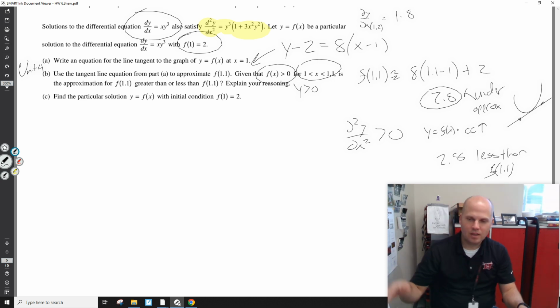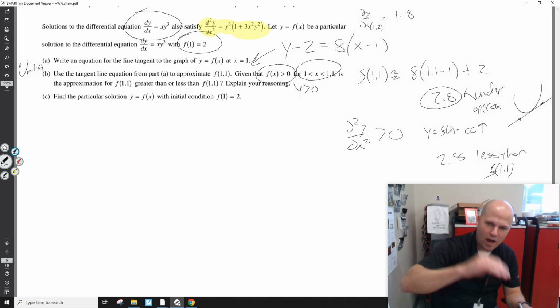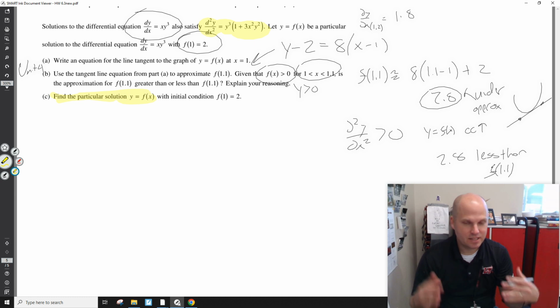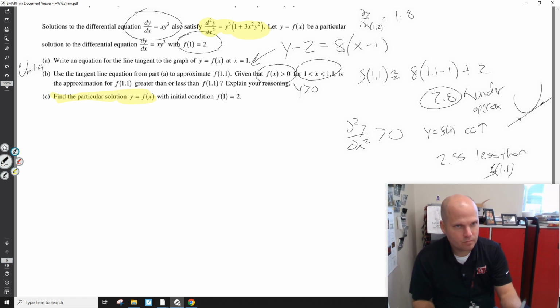Review. Part C. Find the particular solution. Oh, they're finally asking me to take the antiderivative. All right. Multiply by dx. Divide by y cubed, or multiply by 1 over y cubed.